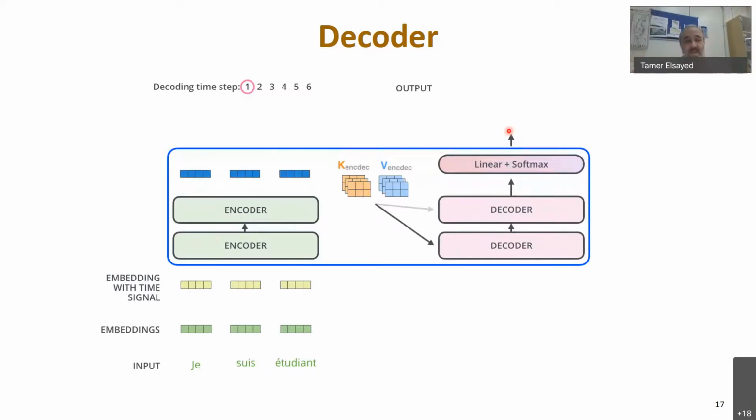If we have the vocabulary of our collection, let's say that we have 10,000 tokens or words, okay? So the output will be a vector of 10,000 values, and it will be like a probability, okay? I think we will see that in the next slide.